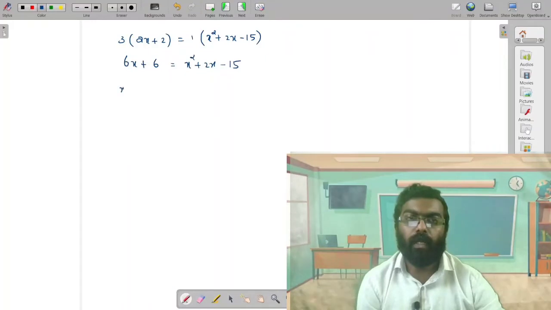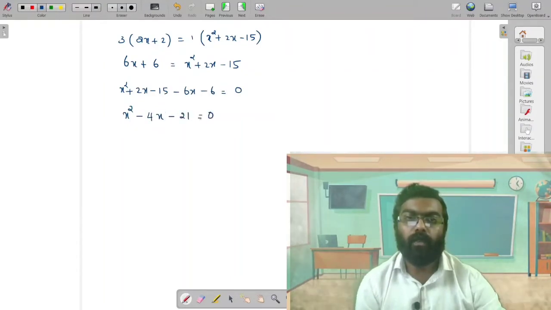Or we can write x square plus 2x minus 15 minus 6x minus 6 is equal to 0. That is x square minus 4x minus 21 is equal to 0. So this is the required quadratic equation.